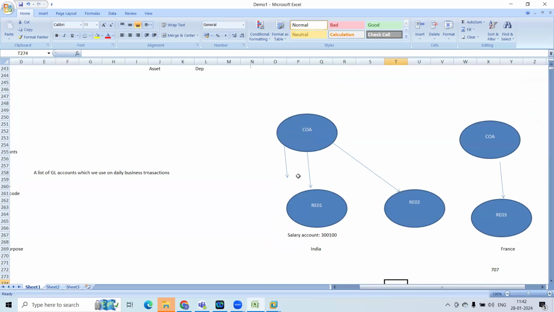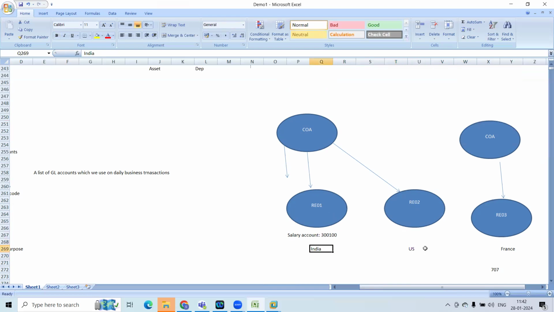Okay, you want to know the financial statements like your profit and loss or balance sheet at this level, but it is somehow different from RE01 to RE02. As it is the US, they have different GL accounts.